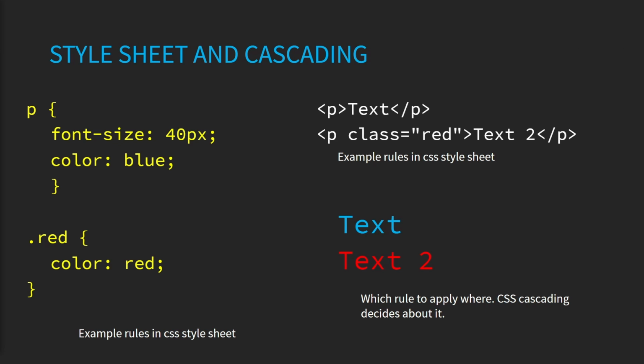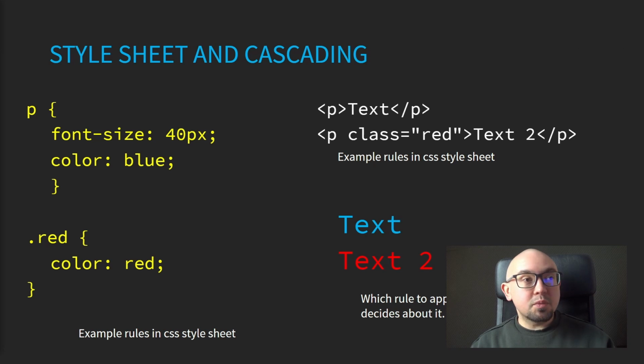But we also have a second rule with the class red that matches the second p tag. The result is that the text of the first tag is actually blue, but the text of the second tag is red. This is because of the rules of cascading that you will learn about soon. In this case, the point is that the class is more important than the tag-based selector. But we will learn all about this really soon.